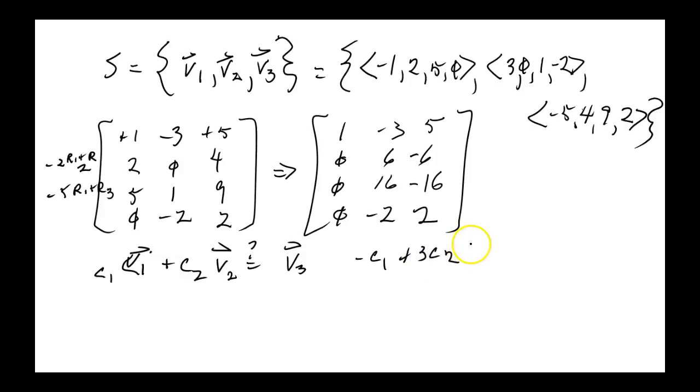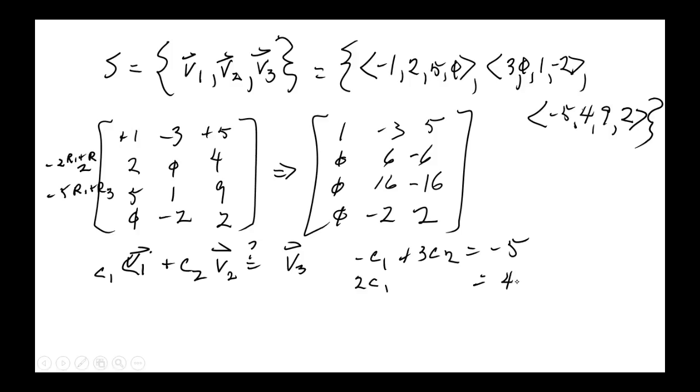Minus C1 plus 3C2 is equal to -5. Then 2C1 is equal to 4. Right there we can figure out what C1 would have to be. Let's keep going though.